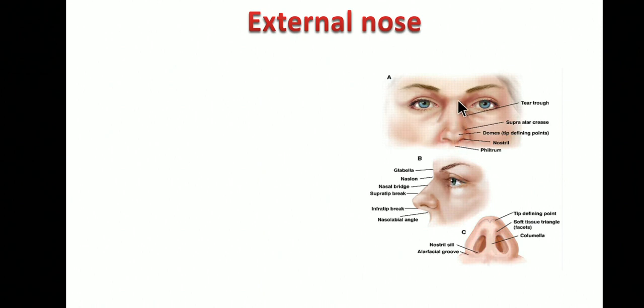This is the root of the nose, from where the nose starts, or the nasion. The point where the nose starts is called the nasion. That is the root of the nose, and you have the rounded tip of the nose. Between the root and the tip is called the bridge or the dorsum of the nose.